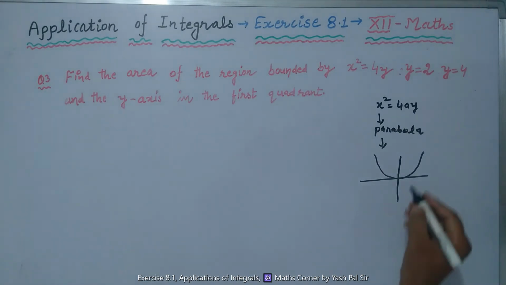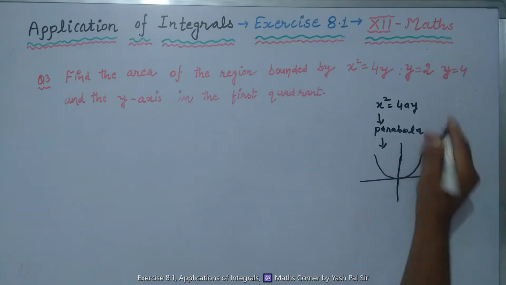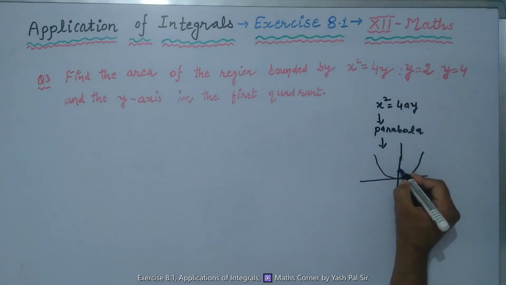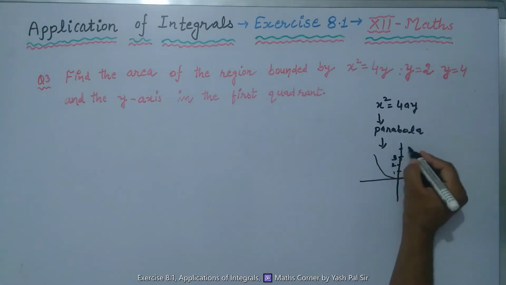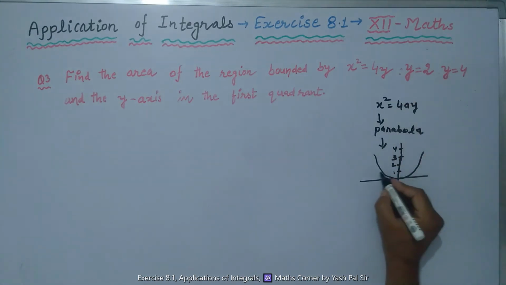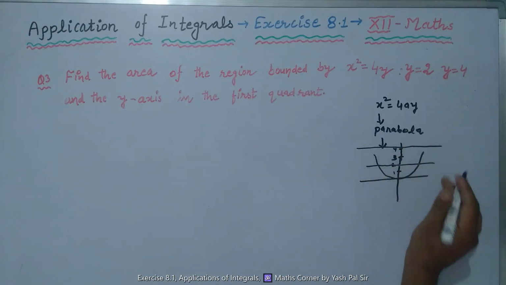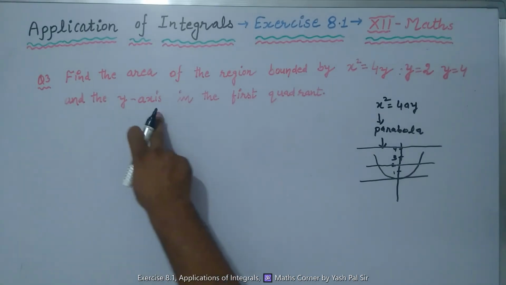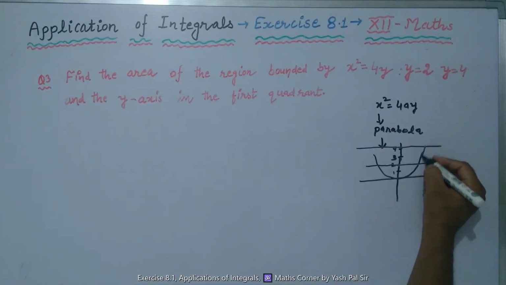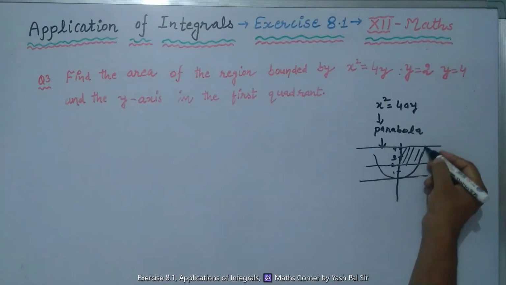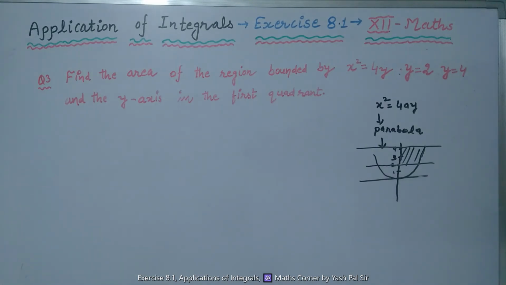Roughly we are sketching first of all y is equal to 1, 2, 3, 4. So y is equal to 2, this will be the line, y is equal to 4, this will be the line, and y-axis in first quadrant. First quadrant means this will be the area we shall discuss about.